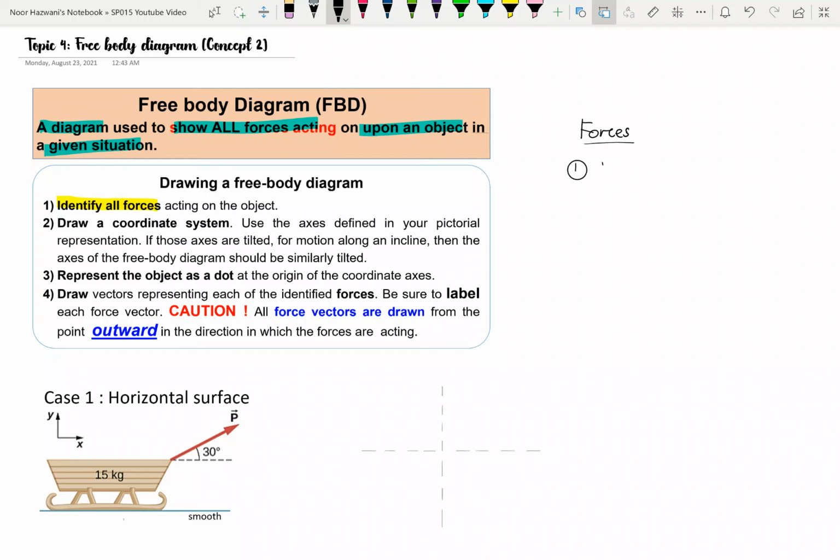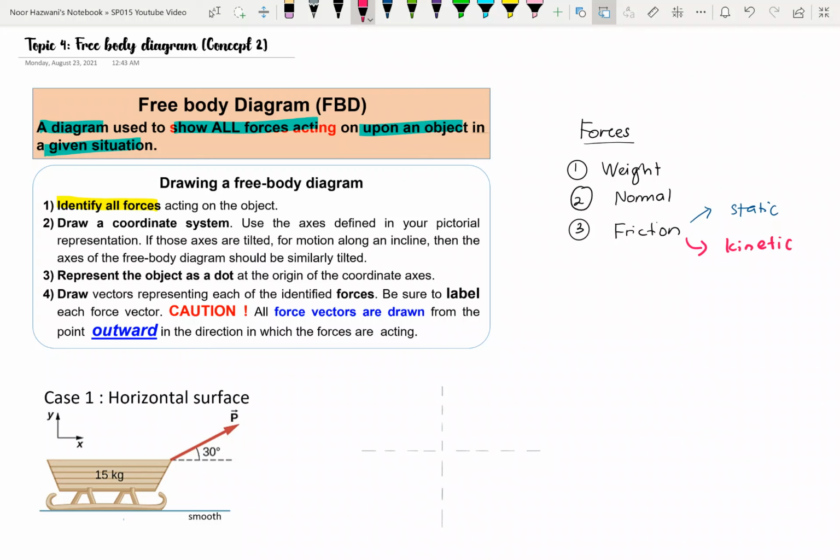Yang pertama adalah weight. Yang kedua you ada normal. Yang ketiga you ada friction. Tapi friction ni terbahagi kepada 2 lah. So kita ada static dan kita ada kinetic.